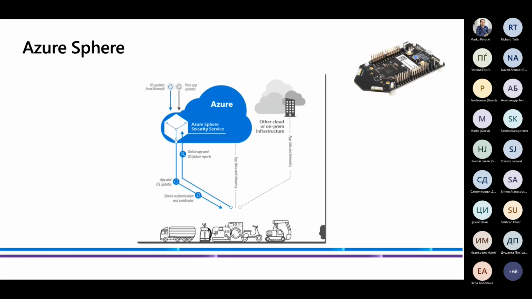Azure Sphere OS adds layers of protection and ongoing security updates to create a trustworthy platform. Azure Sphere Security Service brokers trust for device-to-cloud communication, detects threats, and renews IoT device security.